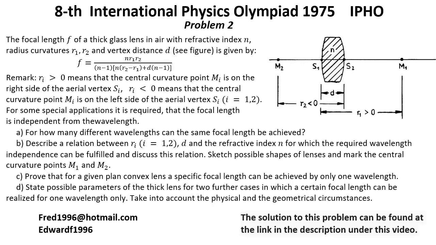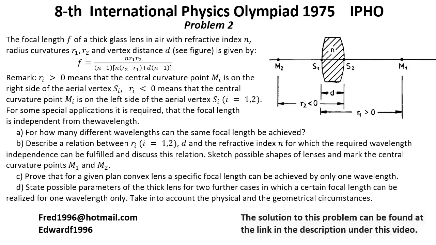Remark: Ri greater than 0 means that the central curvature point Mi is on the right side of the aerial vertex Si. Ri less than 0 means that the central curvature point Mi is on the left side of the aerial vertex Si, where i equals 1 or 2.